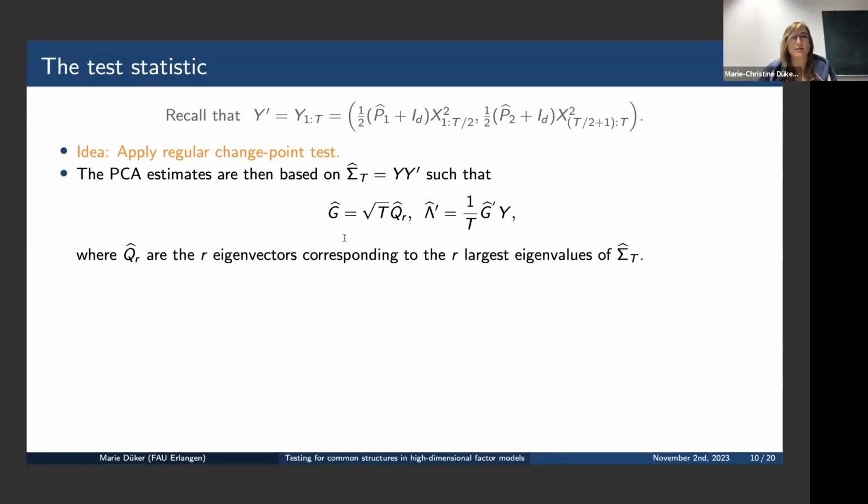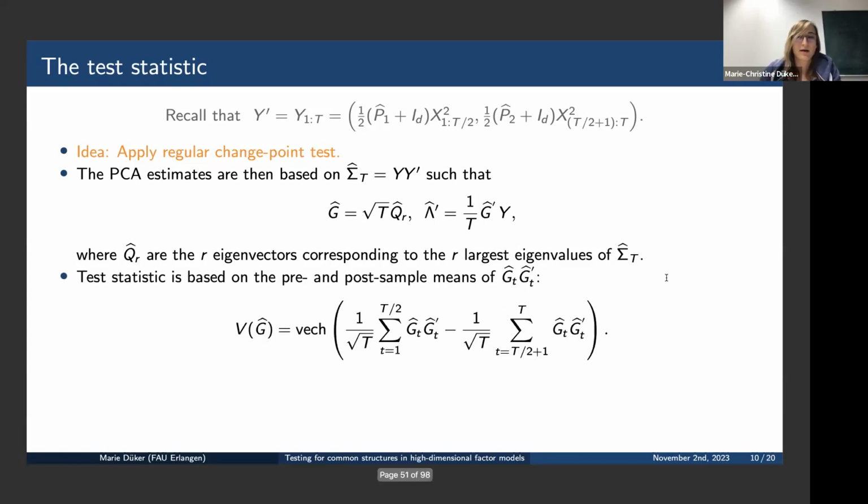So we just use our eigenvectors corresponding to the R largest eigenvalues of our sample covariance matrix. And then we apply maybe the most basic test statistic, or the first one people looked at. This is based on the Han and Inouye paper I mentioned earlier, which just compares the pre and the post-sample means of the sample of GT times GT transpose.